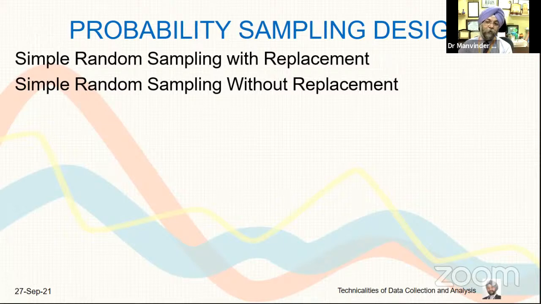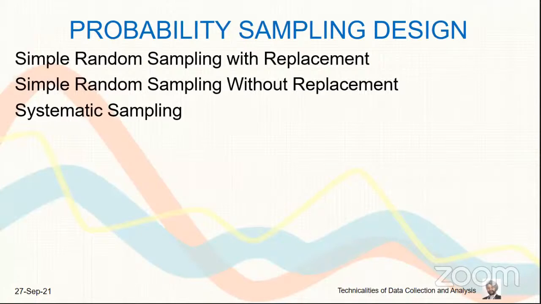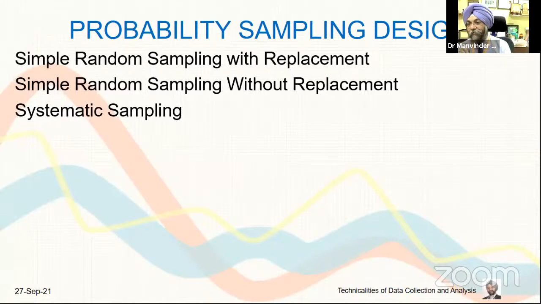Next is systematic sampling. Systematic sampling takes care of the limitation of simple random sampling, that the sample may not be a representative one. Sometimes a simple random sample may not represent the entire population. In this design, the entire population is arranged in a particular order.